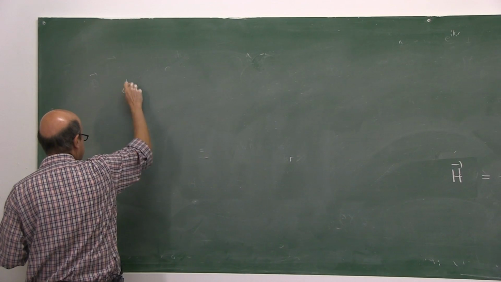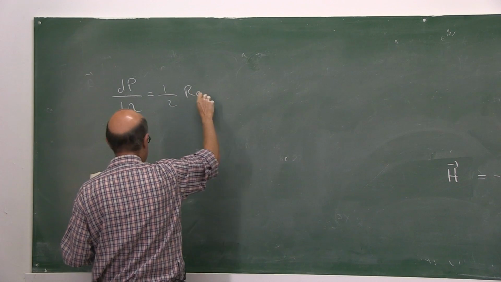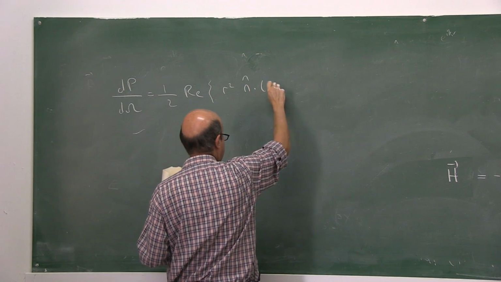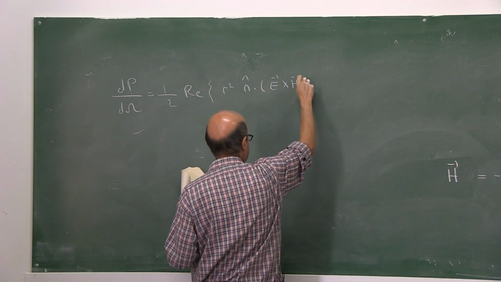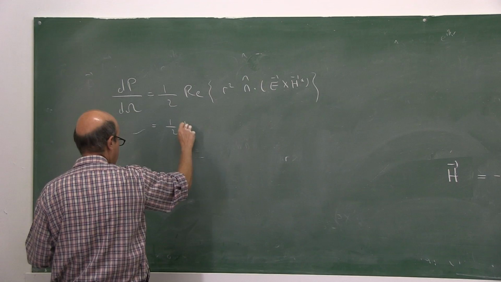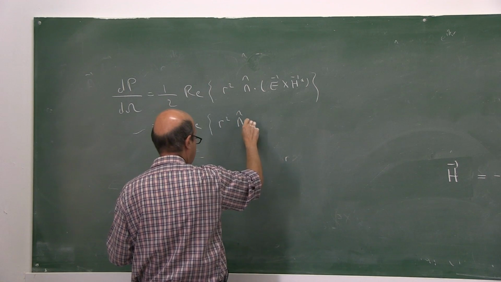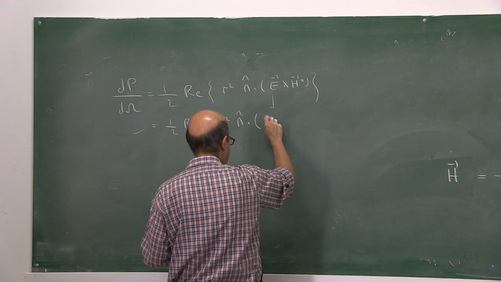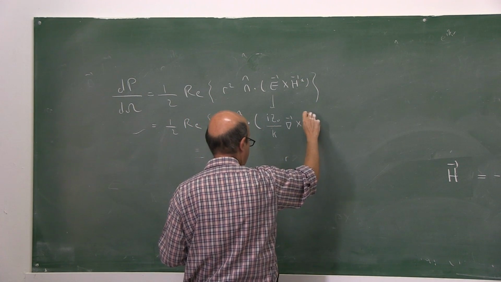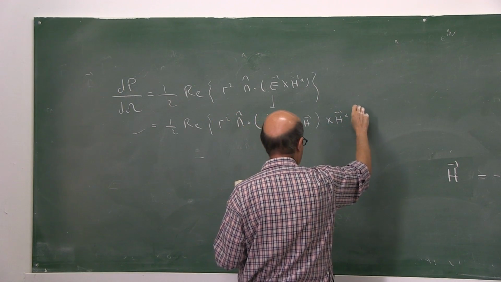So remember the standard definition of the power emitted per solid angle, 1 over 2 real part of r squared n dot E cross H complex conjugate, and that is equal to 1 over 2 real part of r squared n dot, and instead of the electric field I can write i Z0 over k curl of H. This is the electric field, cross product with H complex conjugate.